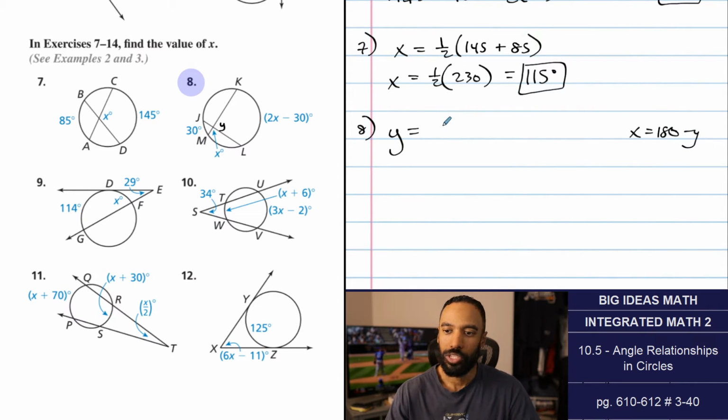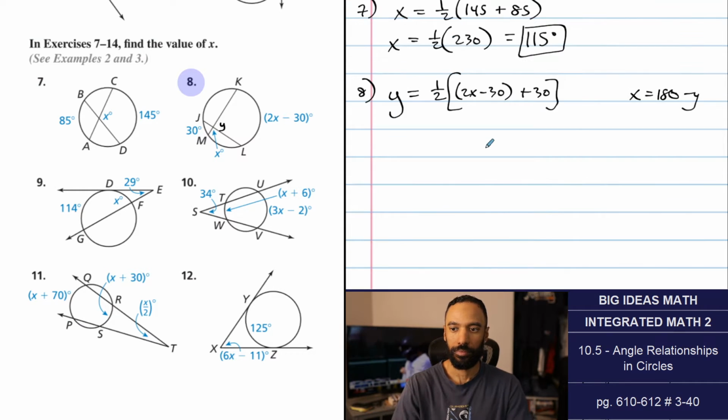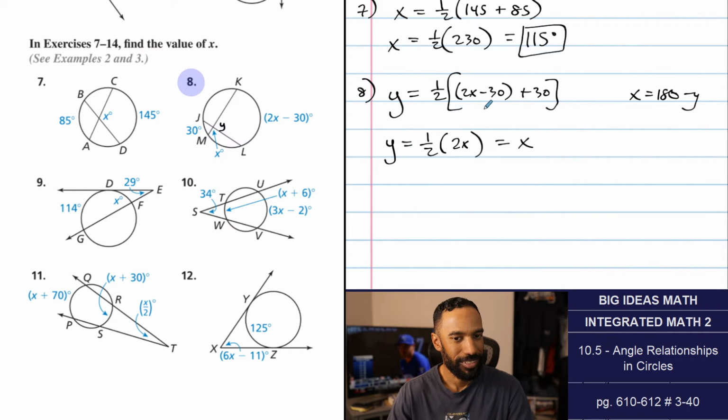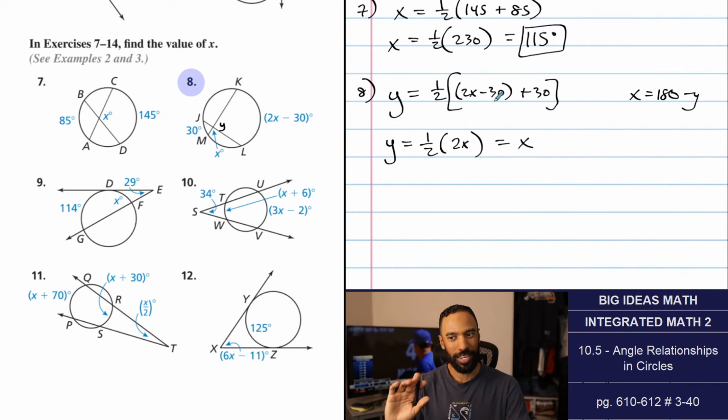So, okay, y is going to be half the sum of 2x minus 30 and 30. Negative 30 plus 30 is 0, so we're just going to be half of 2x, which is x. So y equals x. Oh, this is interesting, because there's an x that's there already.